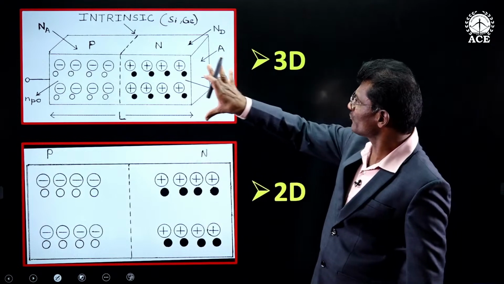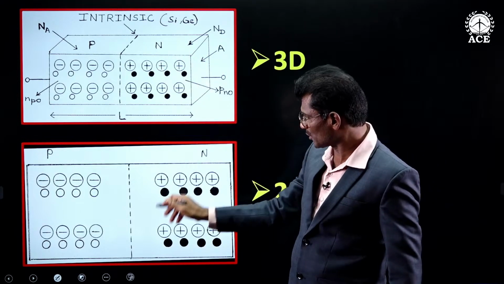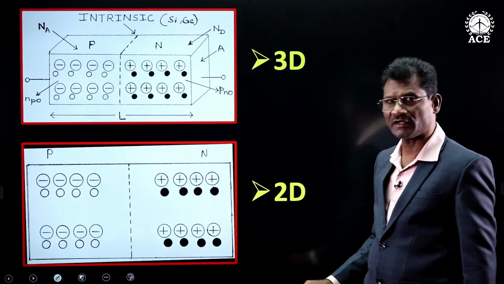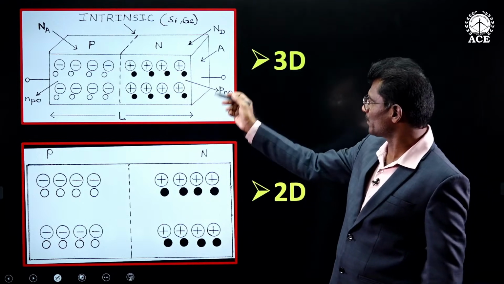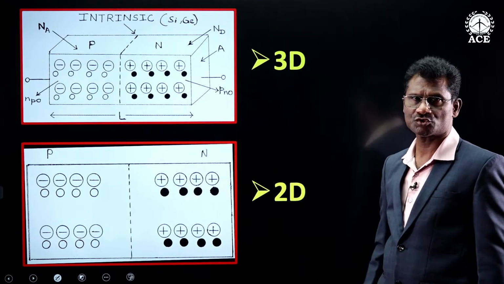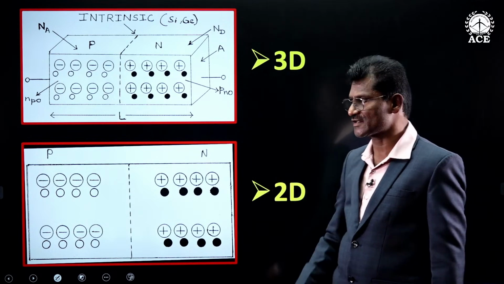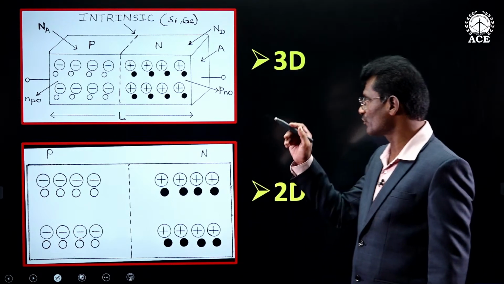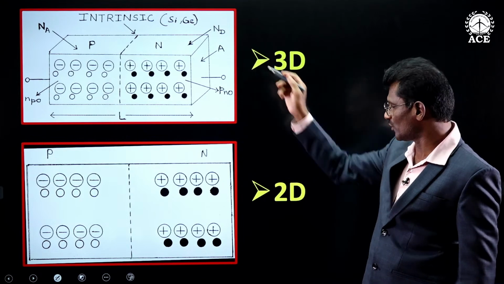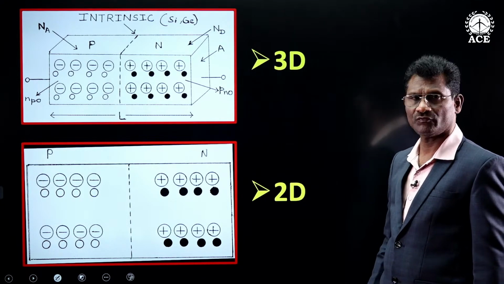That is, if you see the frontal view of this, it looks like this. I am showing the length and also the height. The depth part I am not showing, so that we can easily understand the concept. So from now onwards, instead of this 3D view, we will be using this 2D view.